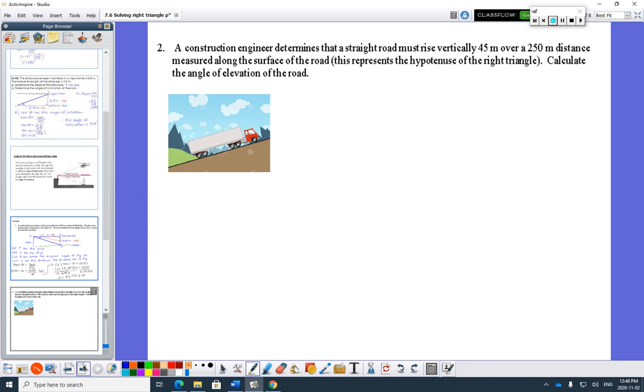A construction engineer determines that a straight road must rise vertically 45 meters over a 250 meter distance measured along the surface of the road. So you have to think about the surface of the road. This question says that that is the hypotenuse of the triangle, and then you're going to calculate the angle of elevation.